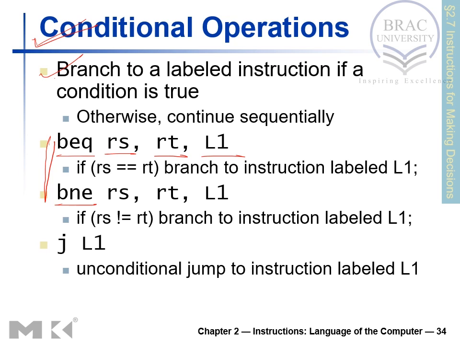There are methods of calculating that memory location, but the general idea is, if RS and RT are equal, then go to label 1, or a new memory address. And branch not equal to works like this: it compares RS and RT. If they are not equal, then again it goes to L1.